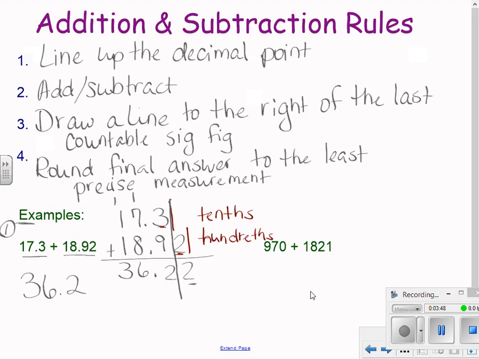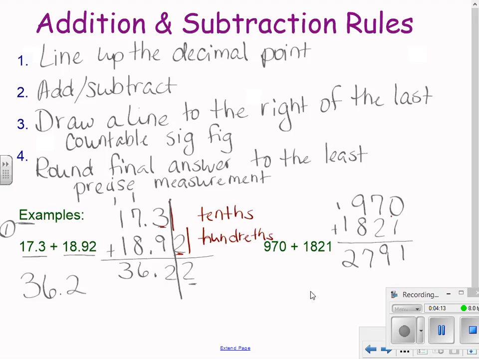We have 970 plus 1821. So I line up my decimals. Everything's in the correct columns. I have 1, 9, 8 plus 9 is 17, carry a 1, 2. 2,791. Okay, where's my last countable sig fig?